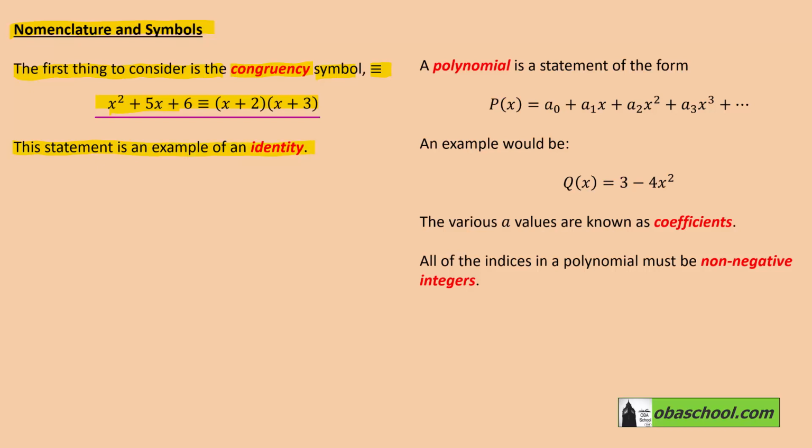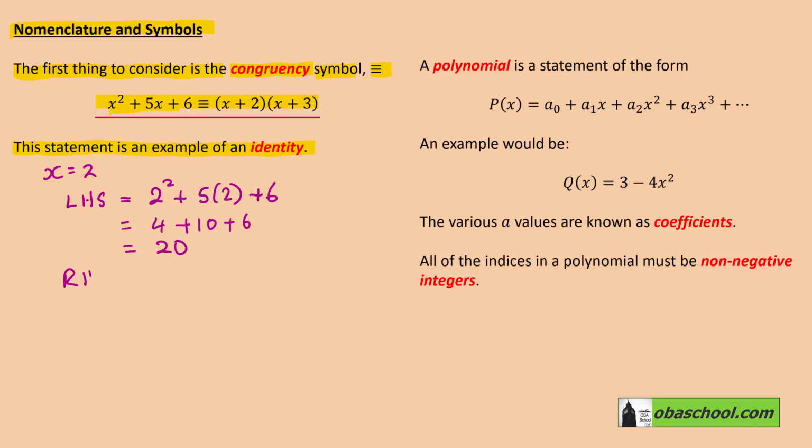Just to indicate that, let's say we take x equals 2. The left-hand side, usually abbreviated to LHS, would be 2 squared plus 5 times 2 plus 6, which is 4 plus 10 plus 6, which gives us 20.